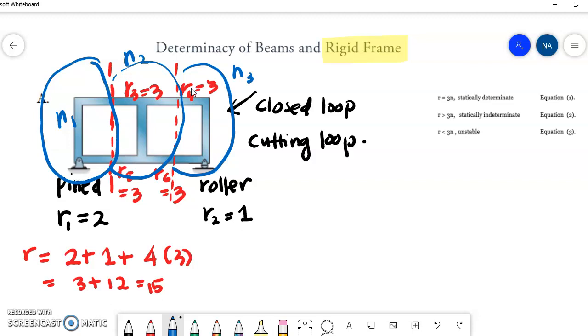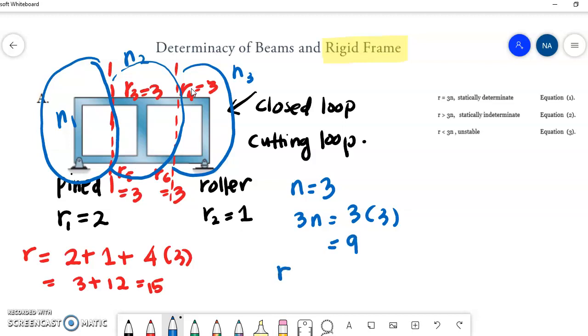So total number of N here is 3. So 3N is equal to 3 times 3. Okay, so 3 times 3 is equal to 9.